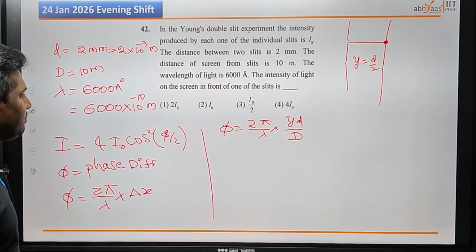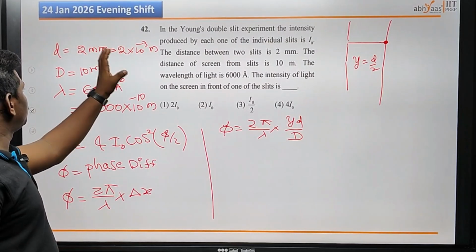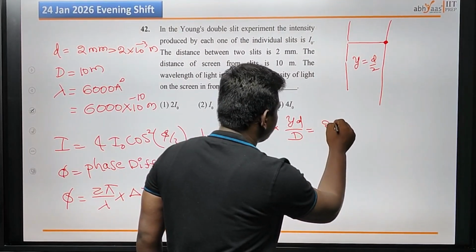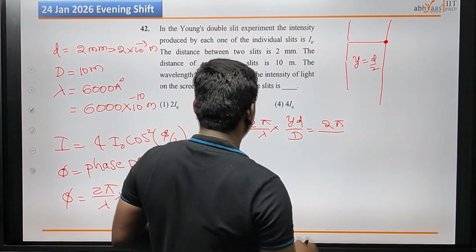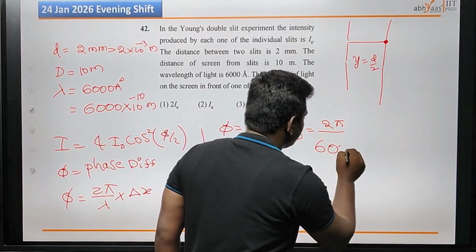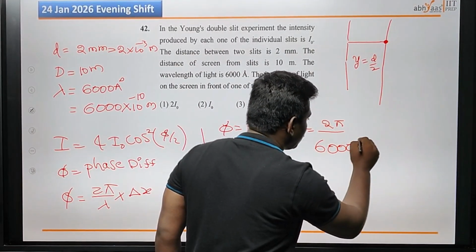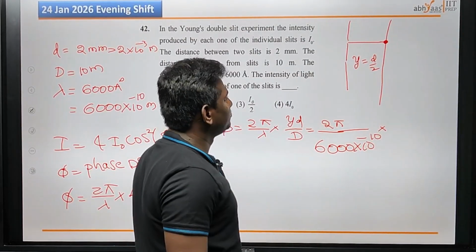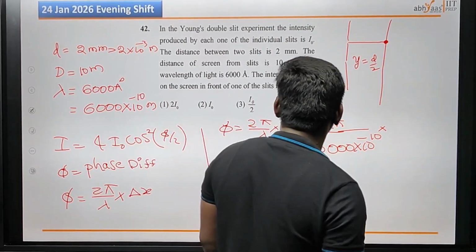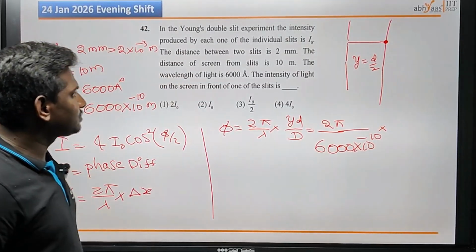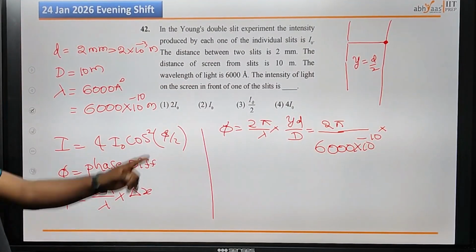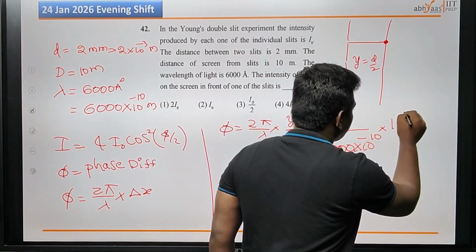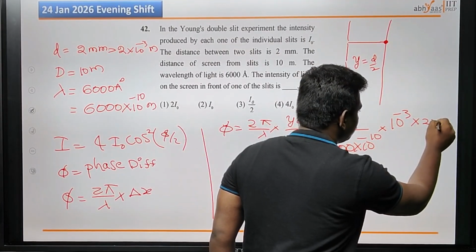So substitute all the values. 2 pi by lambda, 6,000 into 10 to the power minus 10, into y. y is nothing but d by 2, that is 1 milli, so I am writing 1 milli as 10 to the power minus 3.